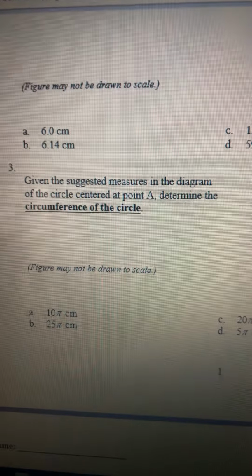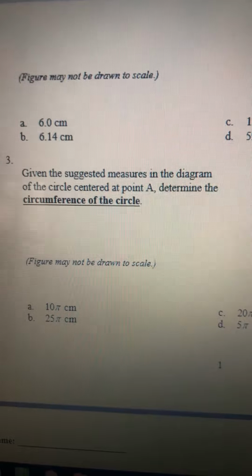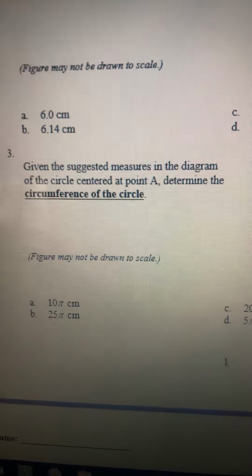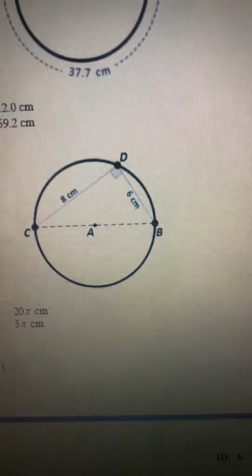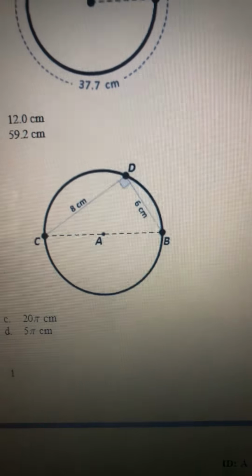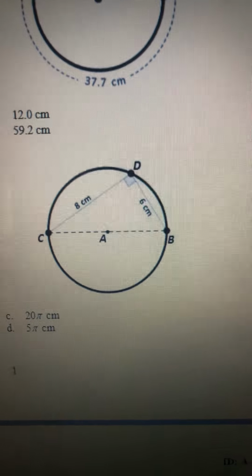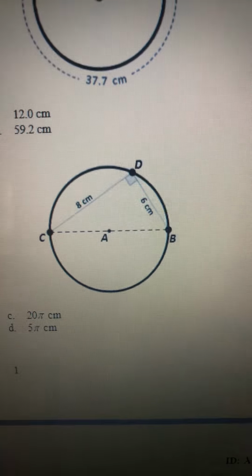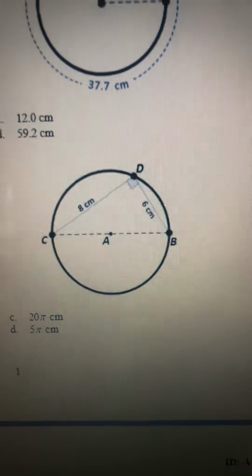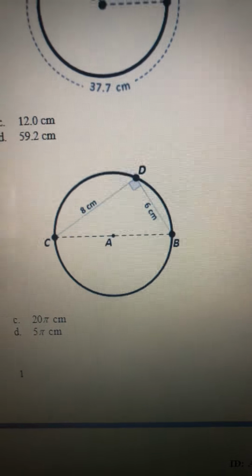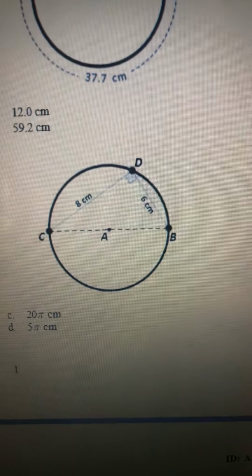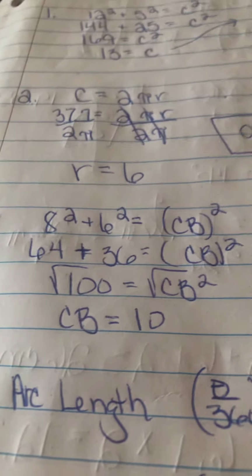Okay, so now number 3, it says, given the suggested measure in the diagram of the circle centered at A, determine the circumference of the circle. So here we are actually given the 2 sides that are perpendicular at D, making our diameter the hypotenuse of a right triangle. So once again, we're going to have to use the Pythagorean theorem to find the diameter.